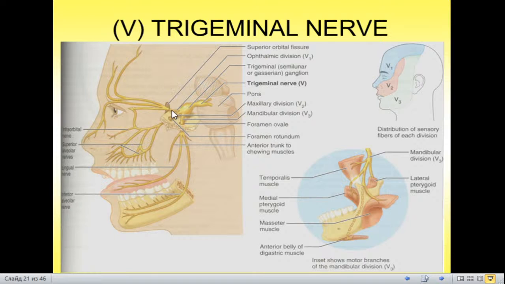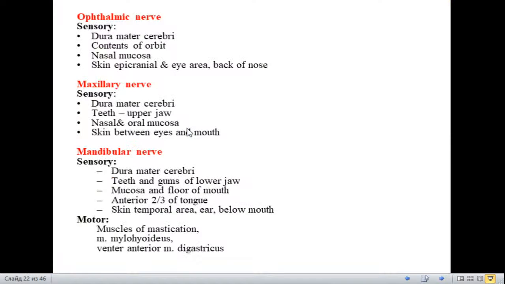First one, nervus ophthalmicus; second, nervus maxillaris; third one, nervus mandibularis. Besides that, nervus mandibularis also has motor components. And if we generally describe zones of innervation for each nerve, details we will study in practical classes, branches of these basic divisions, but now generally, the ophthalmic nerve is sensory, so it supplies the dura mater of the brain.